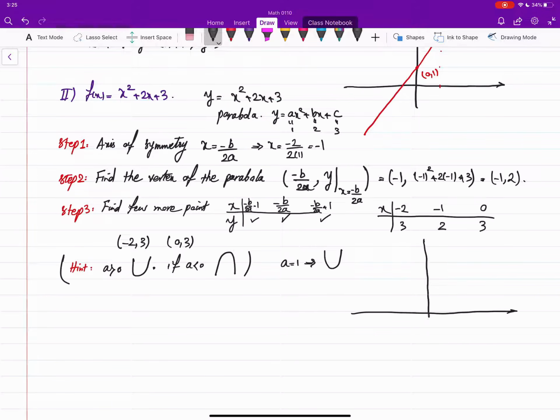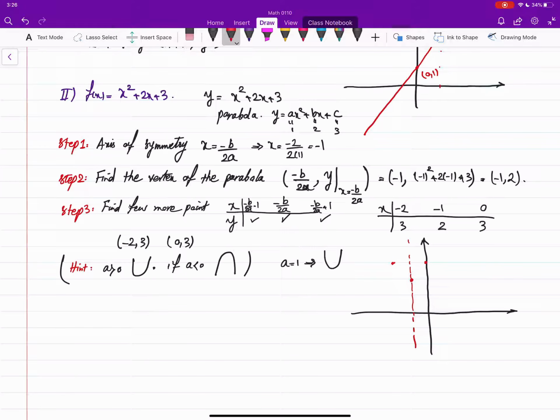Okay, so we find the points here: 0, 3, and negative 2, 3, and negative 1, 2, this is the vertex. And remember that this is the axis of symmetry.